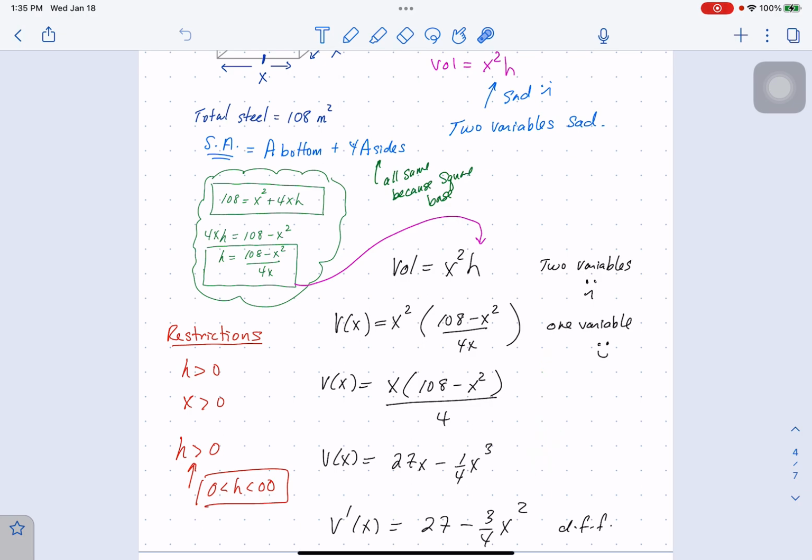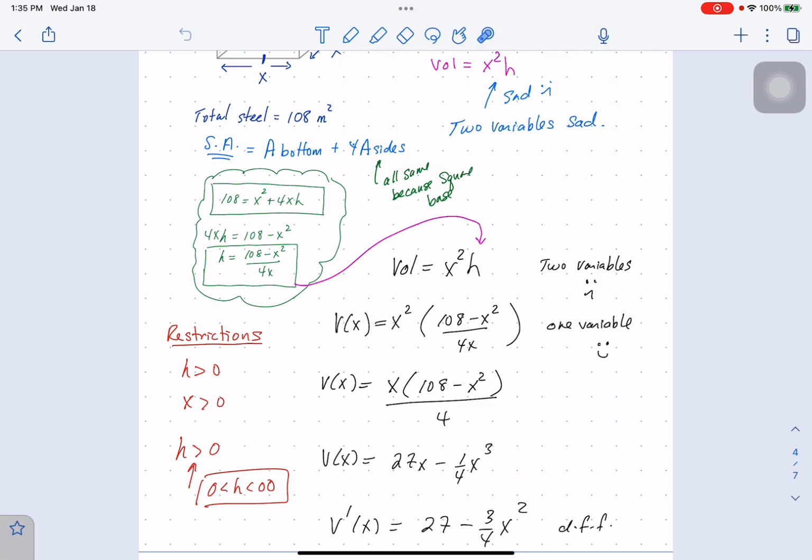I'm going to get an X equals something, and so it's X that I'm going to need the restrictions on, not H. It is true that H needs to be greater than 0, and I'm going to use that in just a little bit, but right now I should be focusing on the restrictions of X and not H.